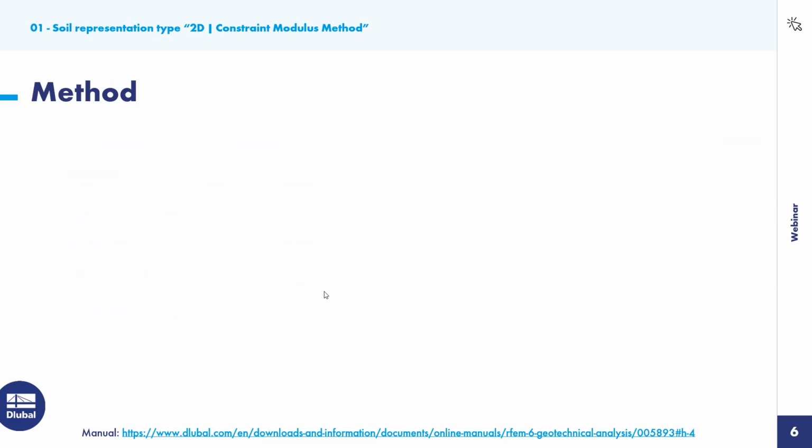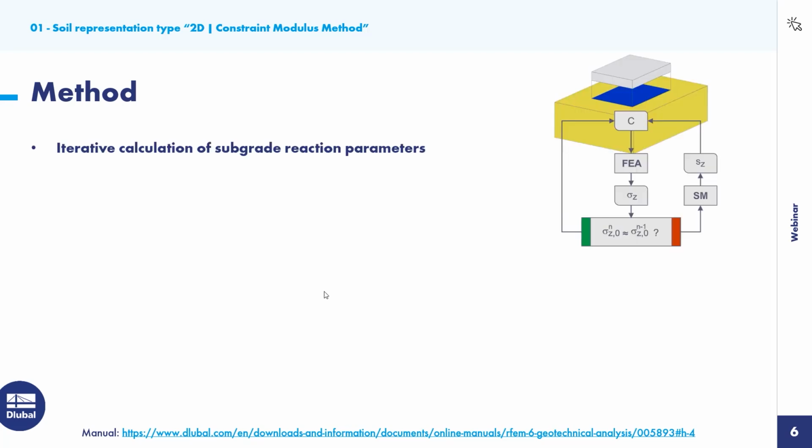Now I will describe the method. The Constraint Modulus method implemented here uses an iterative calculation of the subgrade reaction parameters by iterative comparison of the soil contact stresses.